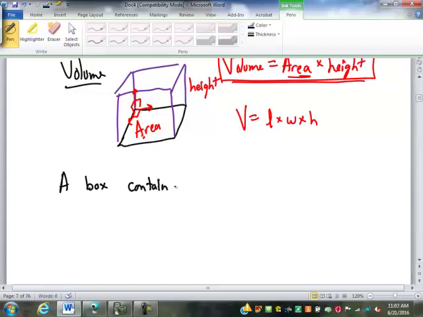So let's say a box containing, oh, let's make this reasonable here, 400 cubic inches is 4 inches wide and 10 inches long.